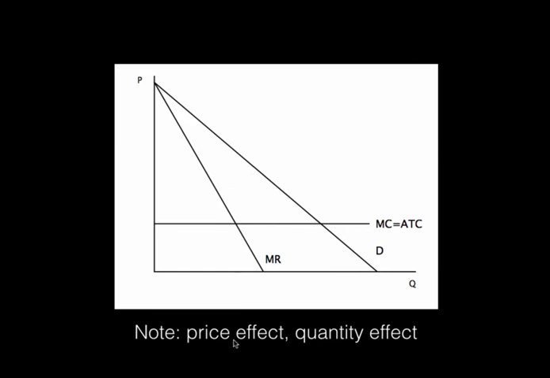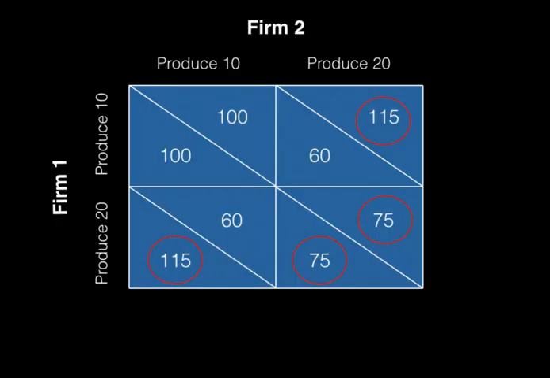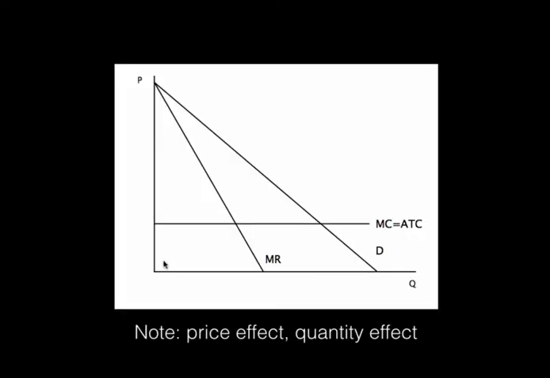But if I'm one firm in a duopoly case with two firms, or one firm in an oligopoly with few firms, not many, but few enough that we have a significant effect on the market, I would still have a price effect, but it is smaller than it would be if I was a monopoly.